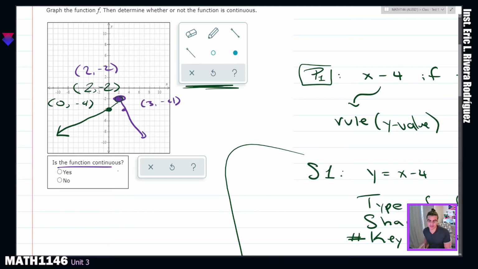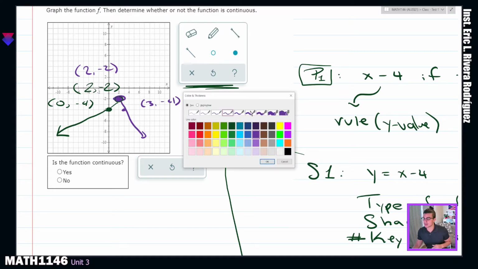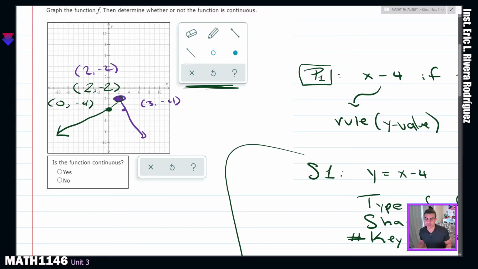Is this function continuous? It is continuous.